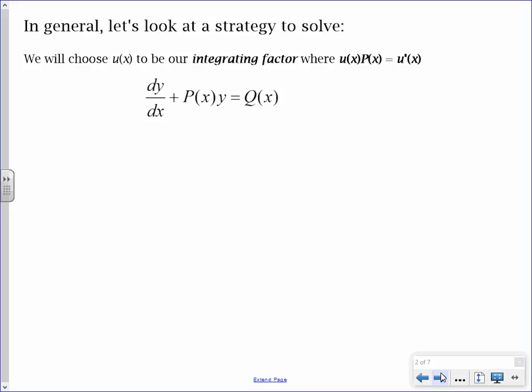We can't integrate this right now, so we need some help. And we're going to strategically choose it where u times p is going to be u prime. You've never heard of an integrating factor. Basically, we're going to multiply something so that we can integrate. That's what we're doing.